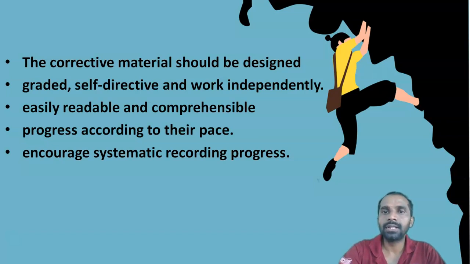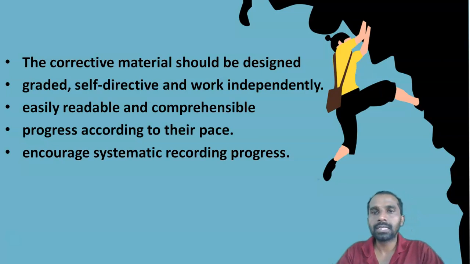A careful consideration of these may help to decide what kind of corrective material is to be designed and whether materials will be adequate to correct the specific difficulties of learners.